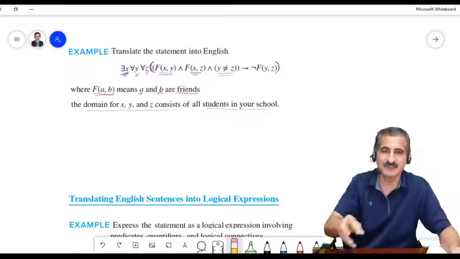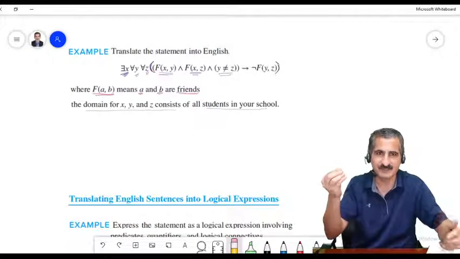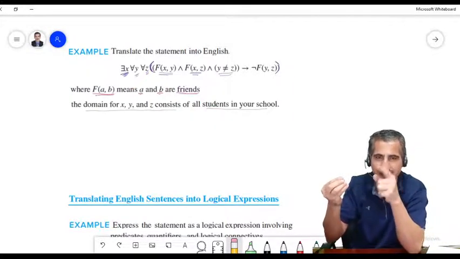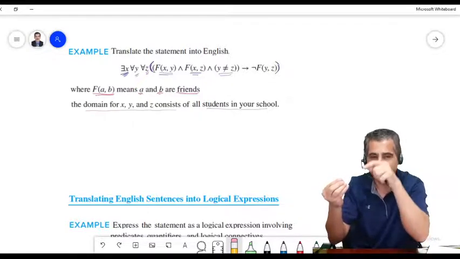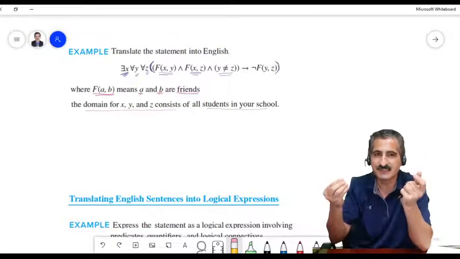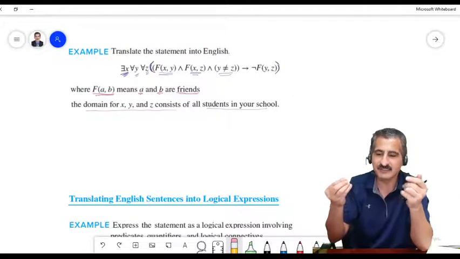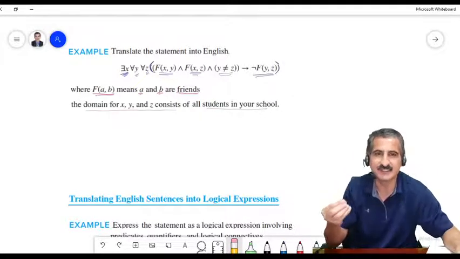So there exists X, somebody, such that for every Y who is a friend of X and for every Z who is a friend of X, so that Y and Z are not the same person, then what? Then not F of Y Z, which means Y and Z are not friends.